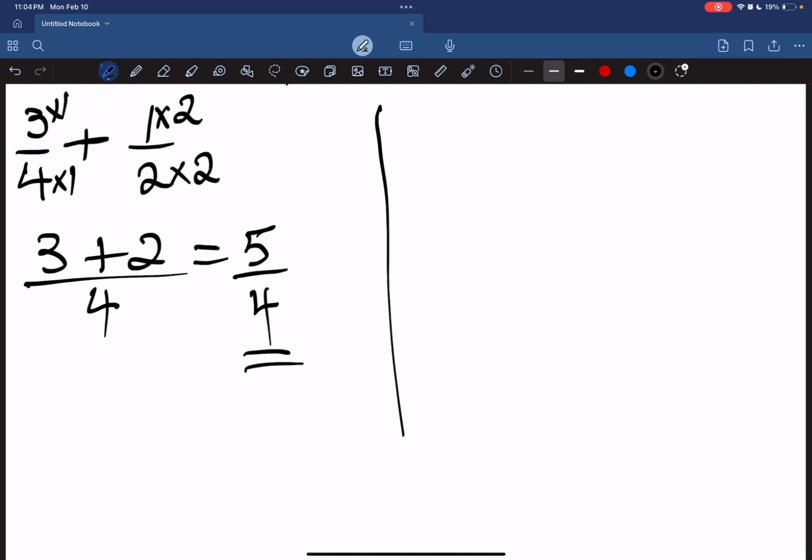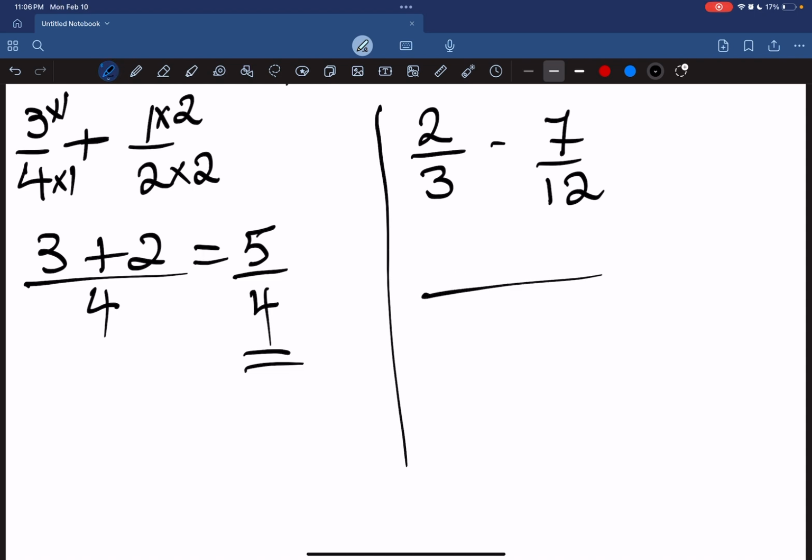Again, now let's say I have 2 over 3 minus 7 over 12. Realize clearly the denominators are different. If the denominators are different, all we need to do is find the LCM.